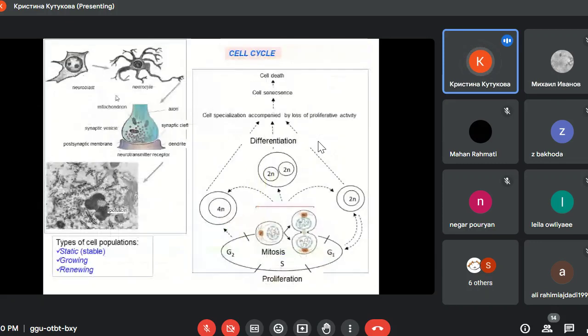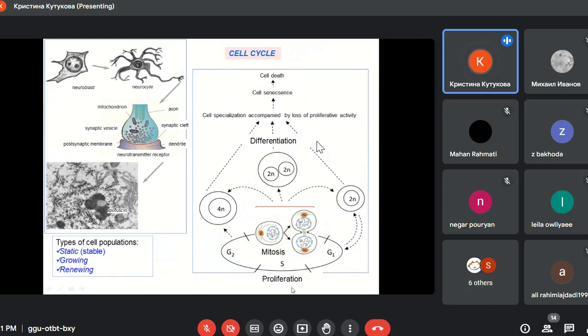So we have discussed all the material for topic 3, and now we go to the next topic, topic 4, which is about cell differentiation, histogenesis, and embryogenesis. So we started our lecture with this picture, the cell cycle, which includes the mitotic cycle, during which cells divide and proliferate.